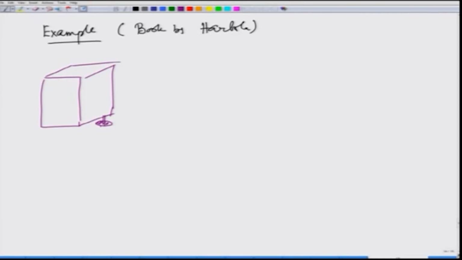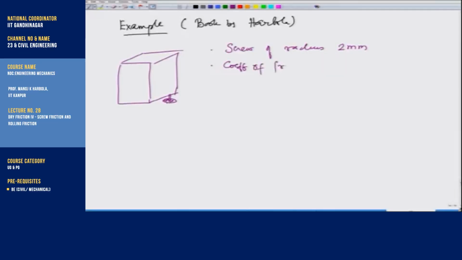So, the question is that if you have a screw of radius 2 millimeter and the coefficient of friction is 0.15, what should be the pitch of the screw?